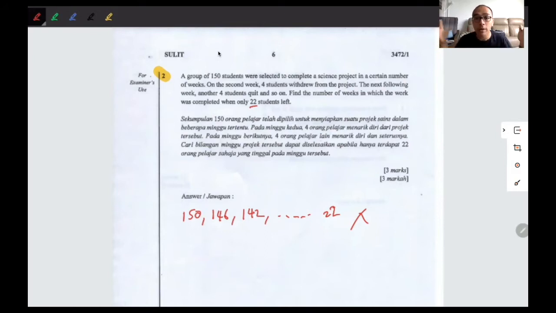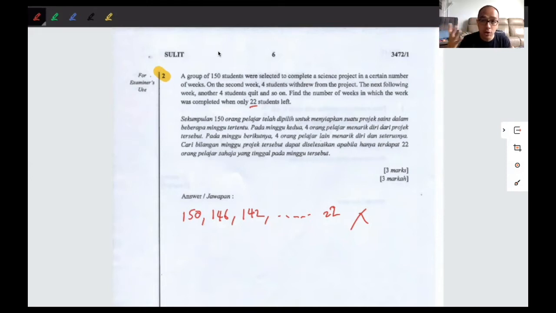Okay, it's long, but it is the easiest method. Cara paling senang is kamu buat begitu. So mustahil kamu akan salah unless kamu tidak pandai tolak 4. Okay, so that's the non-admaths way lah, which as I said diterima because in admaths paper 1 jawapan betul semua betul.